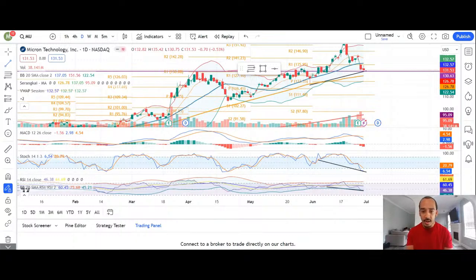The stochastic oscillator is oversold, and the RSI is oversold according to the Bollinger Band down here. It's not oversold in the plain sense, because that would be all the way down here, but I add the Bollinger Bands onto the RSI to give me hidden oversold levels, and we're oversold. So that's a real nice setup. Sometimes my swing trades don't hit until the second day of the trade, but I got a feeling this one is going to hit Monday morning tomorrow. So that's a good one.